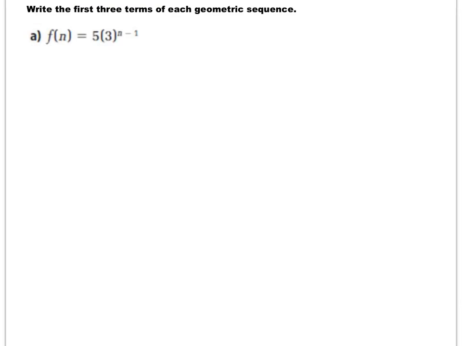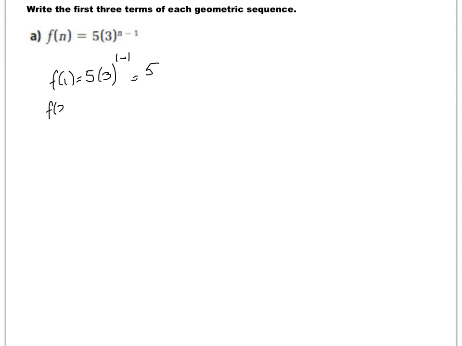In the next example, we have the explicit formula for a sequence, and we have to find the first 3 terms of each geometric sequence. The first one is fn equals 5 times 3 exponent n minus 1. So the first term, f1, is 5 times 3 exponent 1 minus 1, since n is 1. 1 minus 1 is 0, 3 exponent 0 is 1, so I get 5.